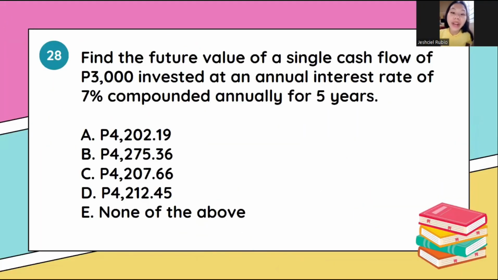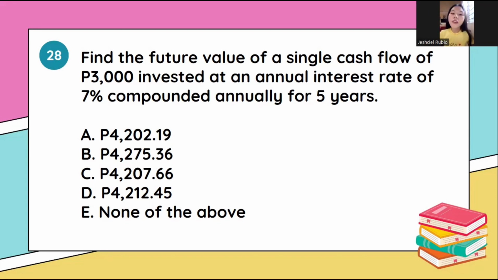Find the future value of a single cash flow of 3,000 pesos invested at an annual interest rate of 7% compounded annually for 5 years. So letter A, 4,202.19 centavos. Letter B, 4,275.36 centavos. Letter C, 4,207.66 centavos.